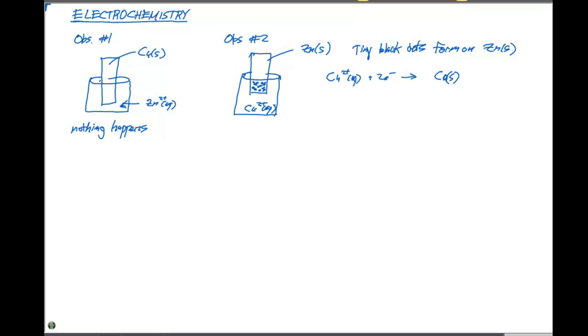In any type of experiment or lab observation, you come up with a hypothesis or a theory. We can use the scientific method to test that theory. And the question is, how could we prove that it's copper that is depositing onto that solid surface? And what type of instrumentation would you have to use to prove that?